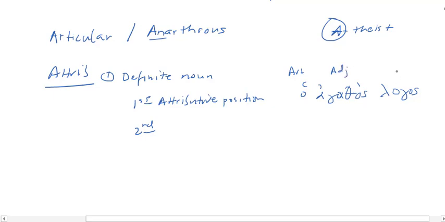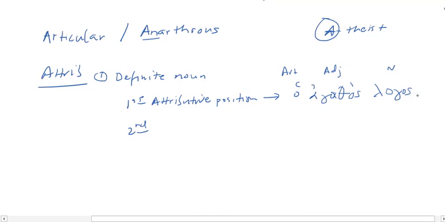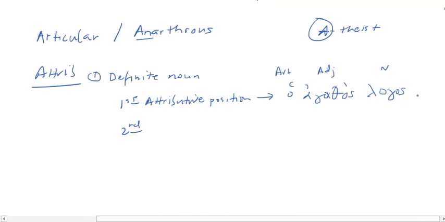It's an adjective. Logos is a noun. So this is called the first attributive position, which says that the adjective is an attributive adjective, and it comes first in relation to what? The noun. This is what that first and second ordinal number is doing. It's giving you the placement order between the adjective and the noun, which one comes first?